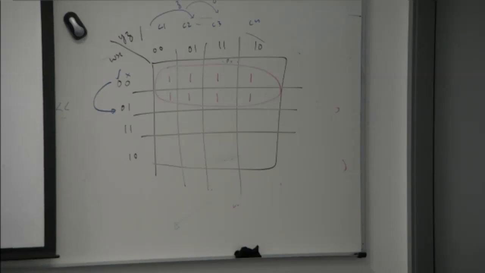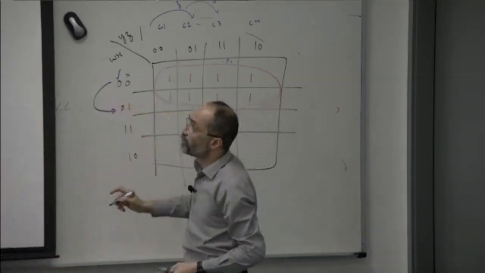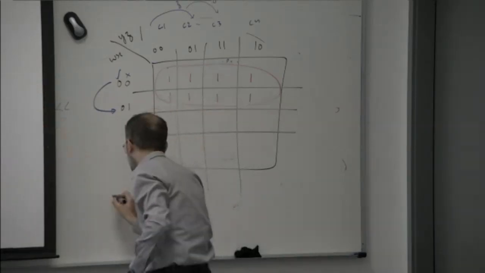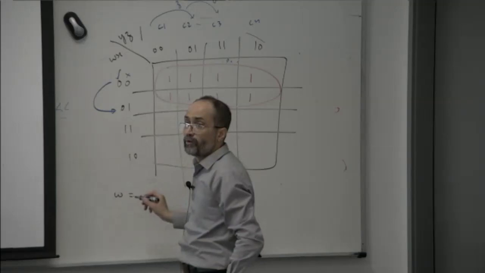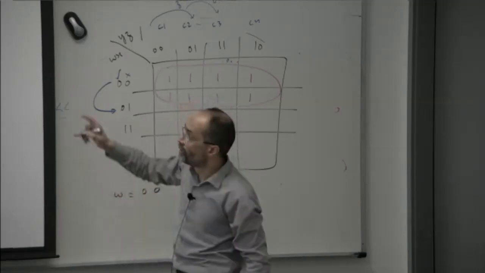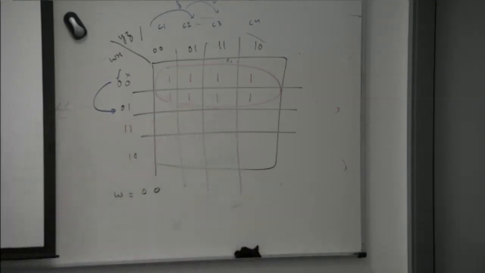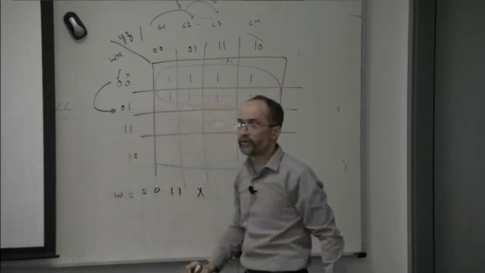Now if you go from this column to this column, what is the value of W? Please look at the blue one. In the first row it is 0, then 0, then 1, 1, so we do not include it.